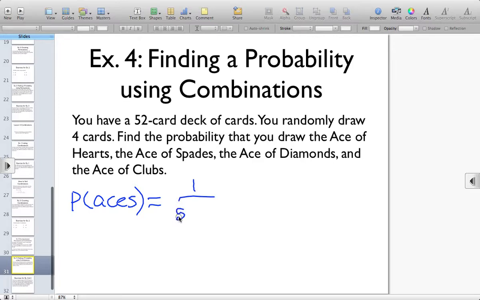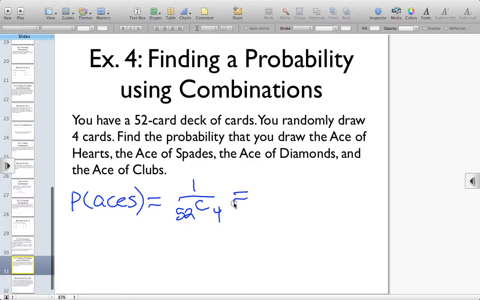And this is a combination since the order doesn't matter. I don't care if I draw the ace of diamonds first and then the ace of clubs and then the ace of hearts and then the ace of spades, as long as in the end I have all 4 aces. So this is a combination where I have 52 cards, but I'm only looking for 4 of them. I'm taking 4 cards at a time. So hopefully by now you have practiced enough with your calculator that you know how to use the shortcut key.